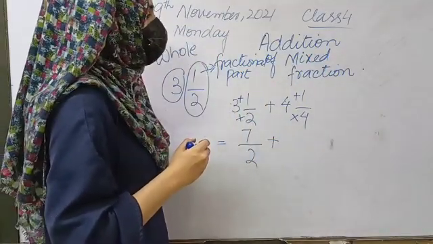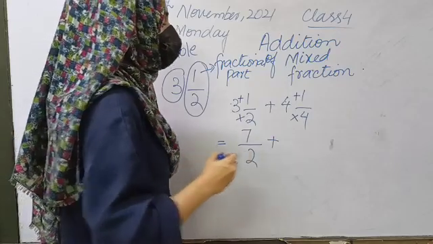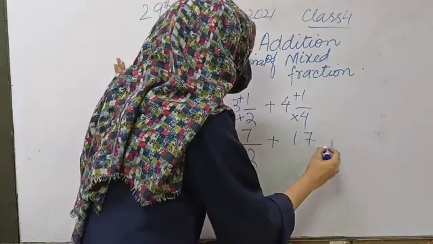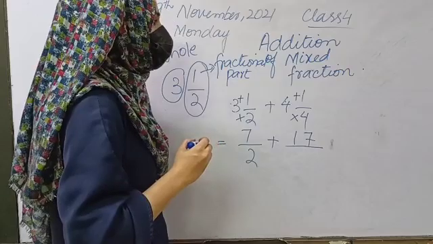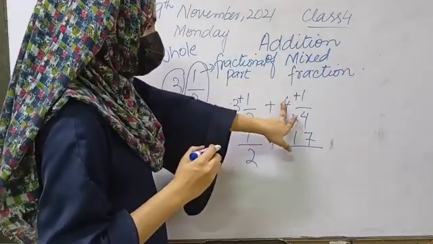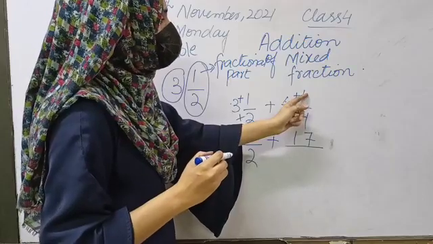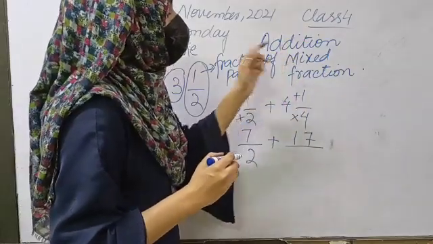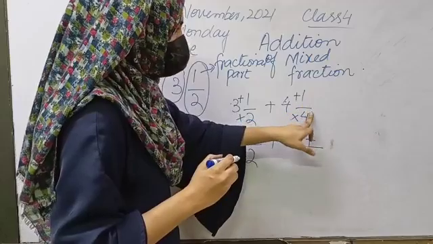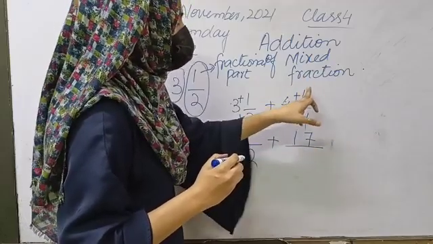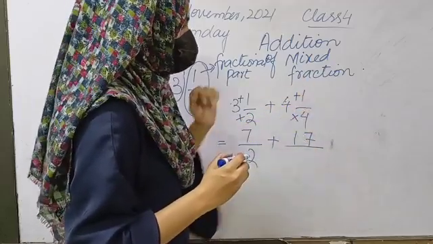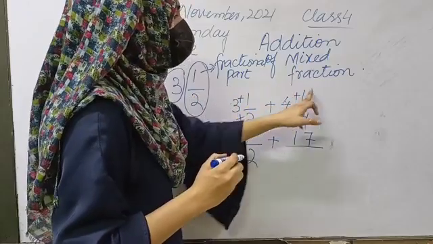Clear? We will add 1 into it. So in the end, the numerator will become 17. We will multiply 4 into 4 which is 16 and we will add 1 into it, and the numerator portion having 1. So अब हम क्या करेंगे, इसको प्लस करेंगे.